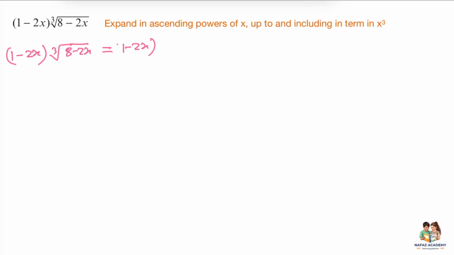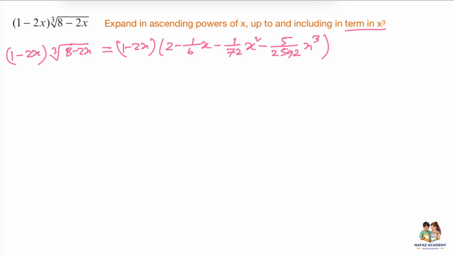So now we have to multiply the factor 1 minus 2x with the expression. It is 1 over 72 x square minus 5 over 2592 x to the power cube.